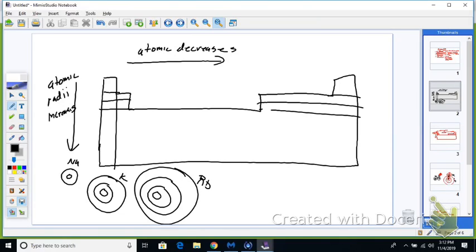Now you go across, they don't do that. When you go across, they are adding electrons to the same level, which means you got more electrons that the nucleus can pull in, so that's why it gets smaller. As you go across, it gets smaller because you're adding more electrons and more protons, and so you're creating a bigger charge inside and a bigger charge outside, and opposites attract.